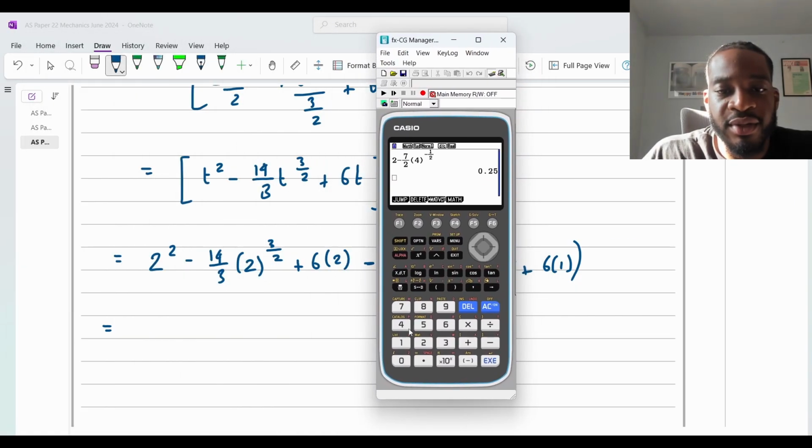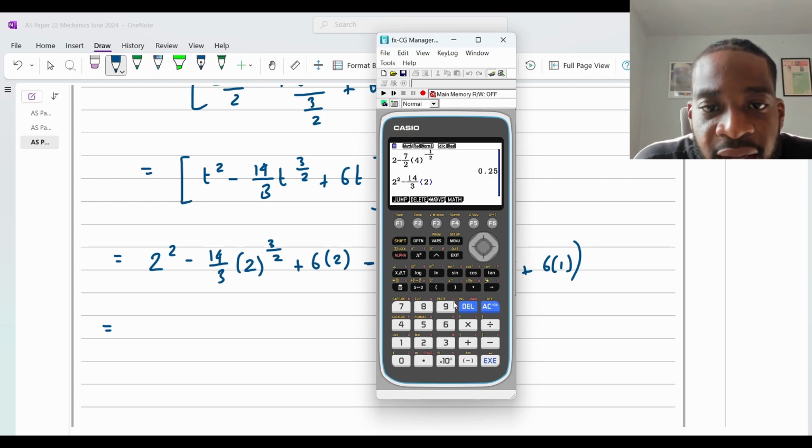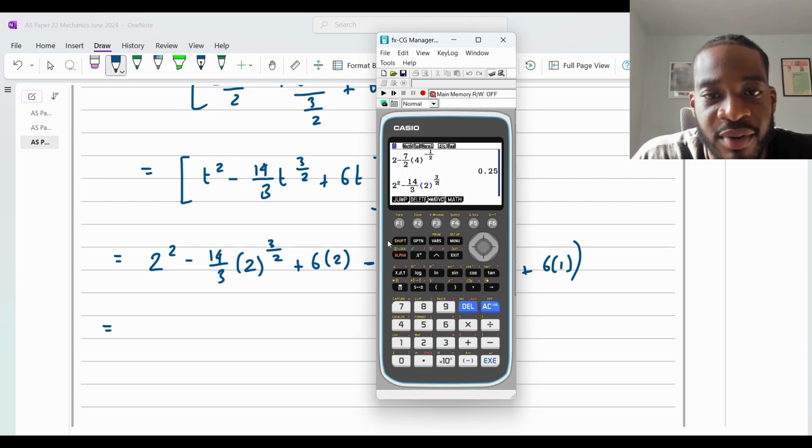So it's going to be 2 squared, which I know is 4, but I'll just write it like that so I know it's super clear. Then 14 over 3, and then 2 to the 3 over 2. Oh yeah, you just do that, don't you? So let me just double check. That looks good. That's the upper limit.